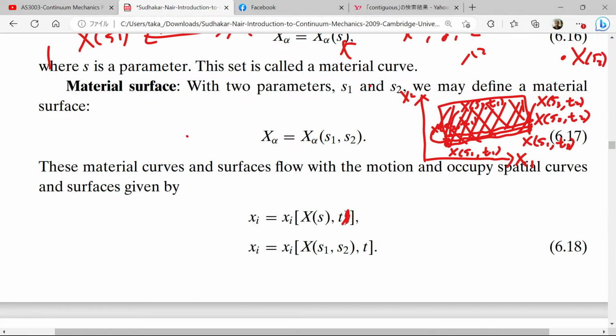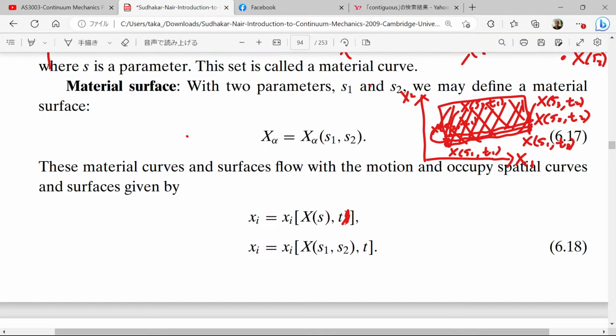Spatial curves occupy, and the surface is given by. Yes, I think this is easy.